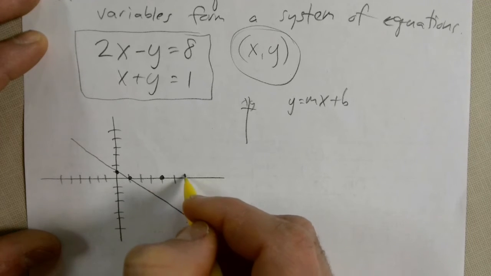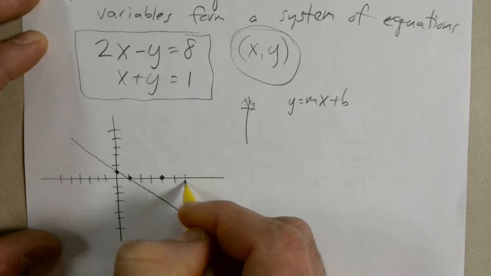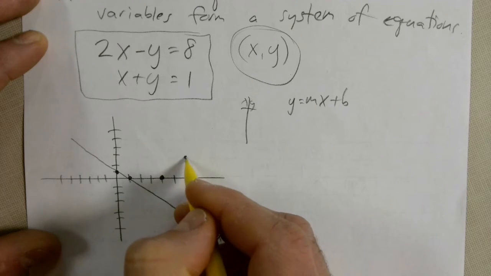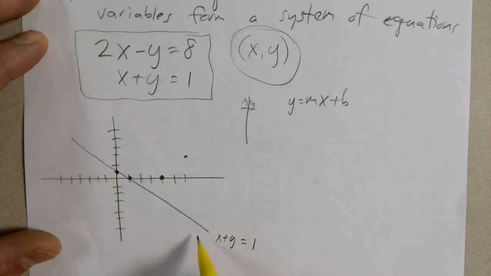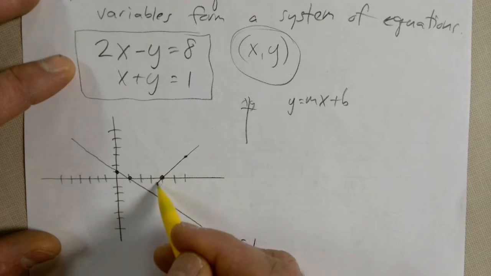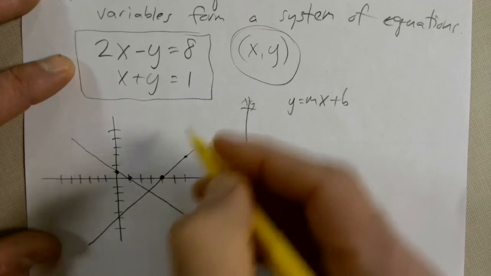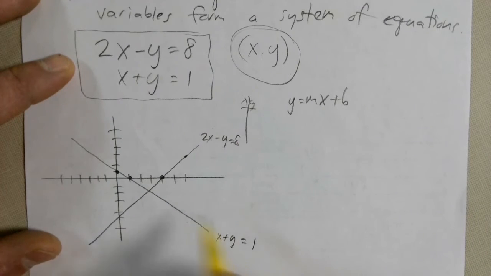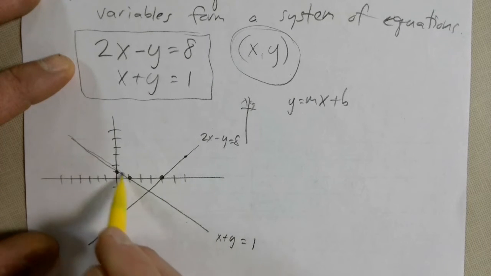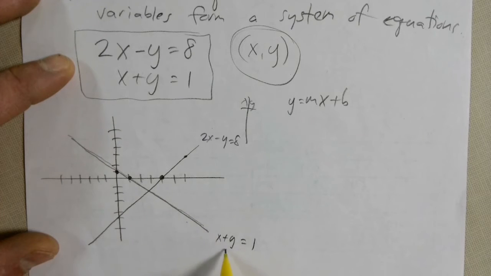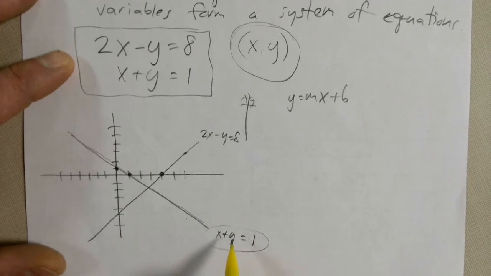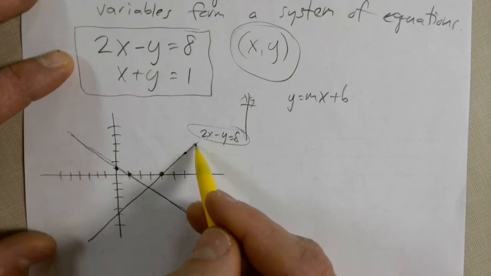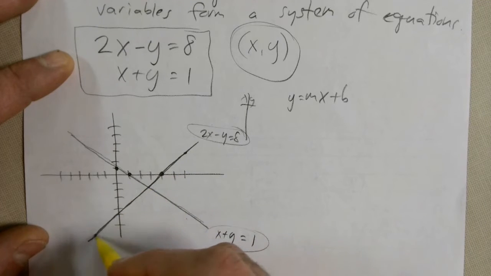Okay, now this one is the equation 2x minus y equals 8. Now notice that this line represents all the ordered pairs that make this true. And this line represents all the ordered pairs that make this true.